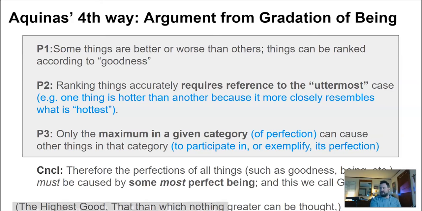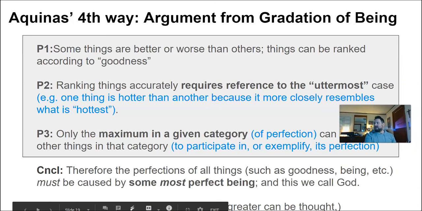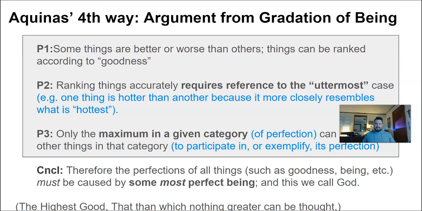Conclusion. Aquinas says the perfections of all things, goodness, being, or existence at all, any good thing about a thing, must be caused by some most perfect, ideal version of that being. And this we call God.